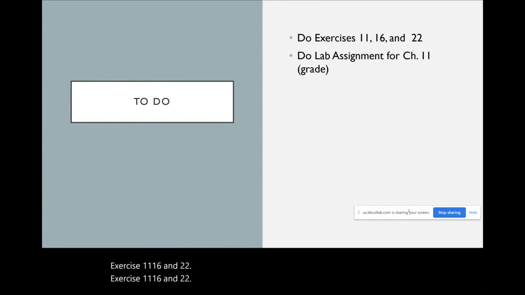And then your lab assignment for chapter 11. All right. Okay, any questions? Any comments before we go today? No.